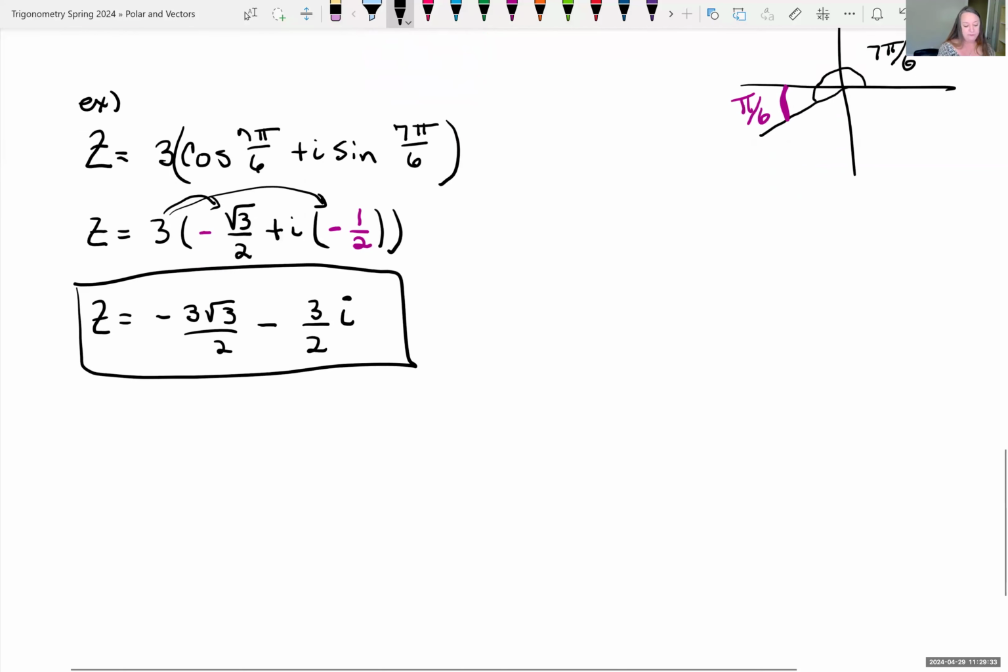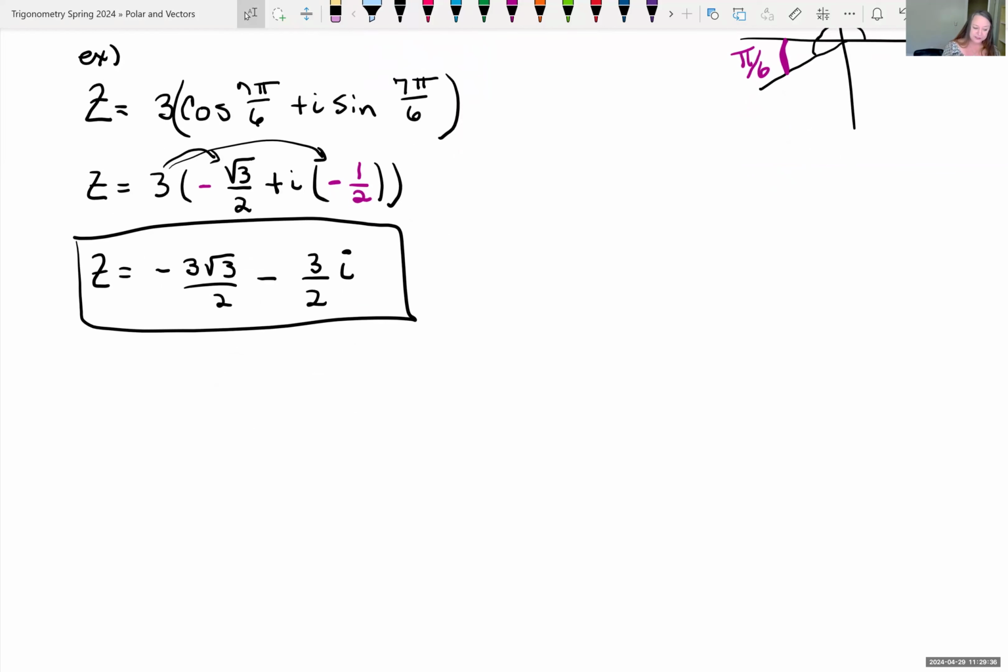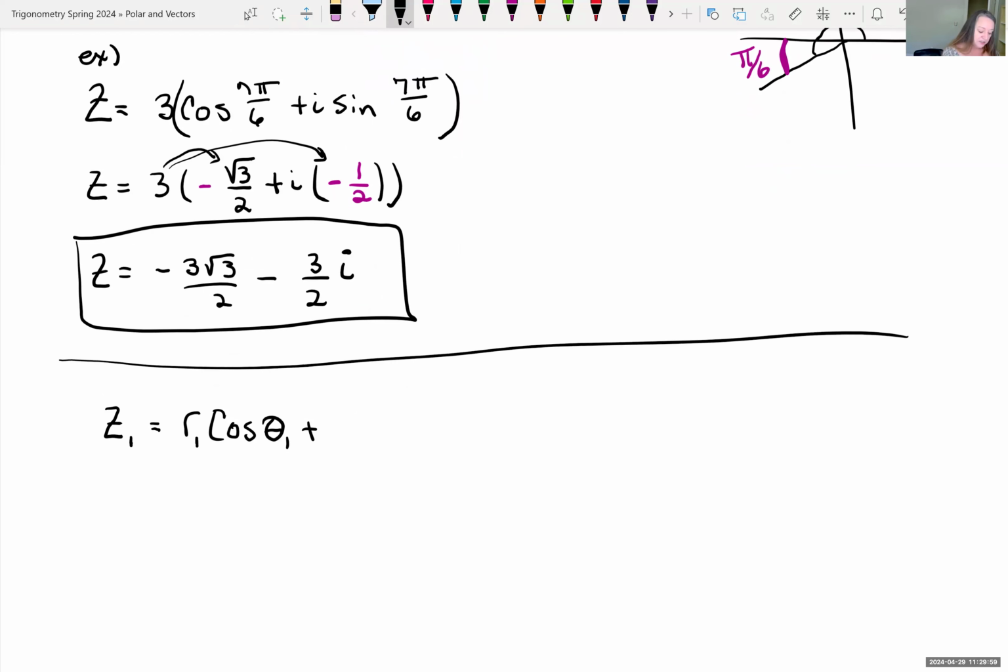And so if we were multiplying two complex numbers, let's say z sub 1 is equal to r sub 1 cosine theta sub 1 plus i r sub 1 sine theta sub 1.